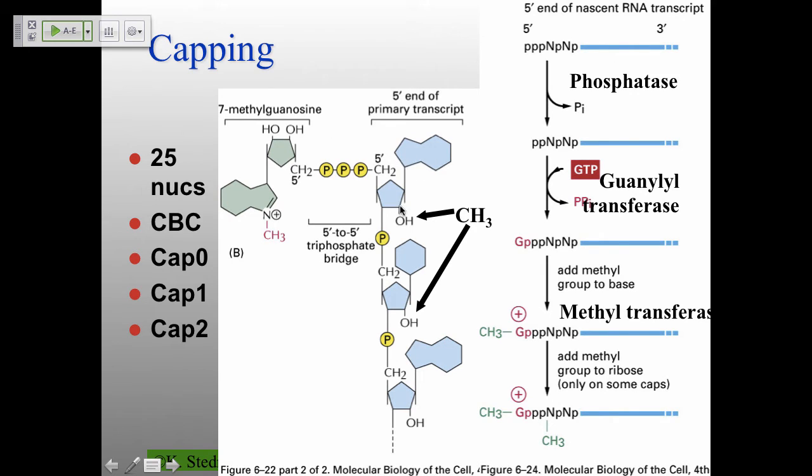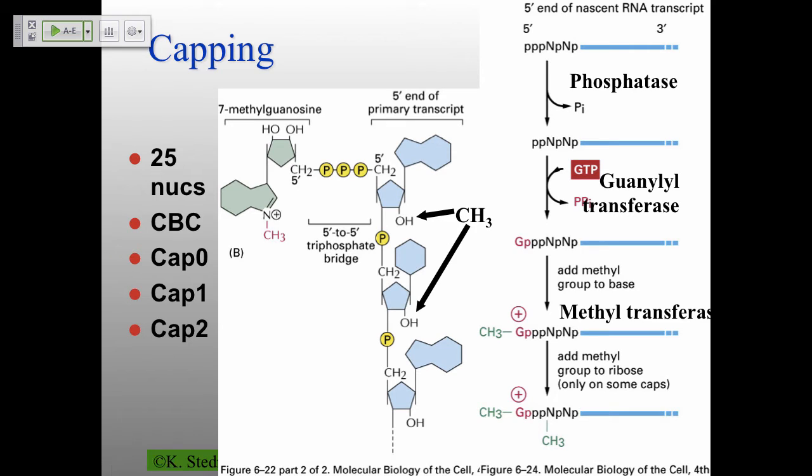Then there are multiple methyltransferases. The first one methylates this guanine, and then other ones can or cannot, depending on the particular cap, methylate the ribose here at your 2' position. So if you have a 2'-O-methyl ribose, so OCH3 that gets added onto here, could you do this with DNA? No, you couldn't, because there's no O there to put a methyl group onto.